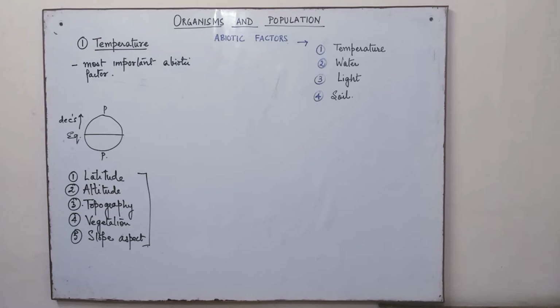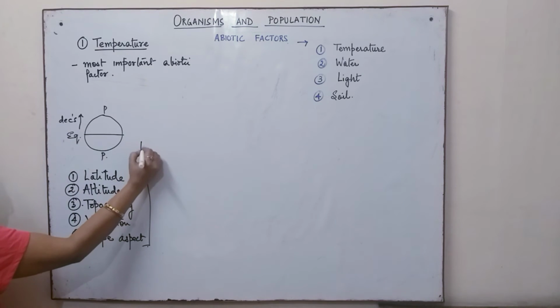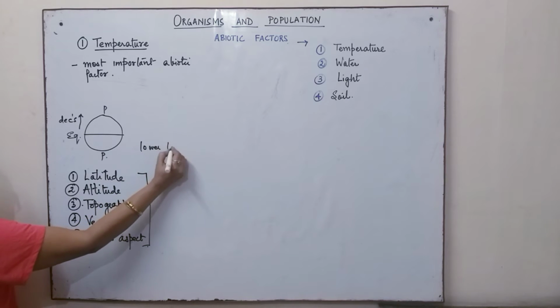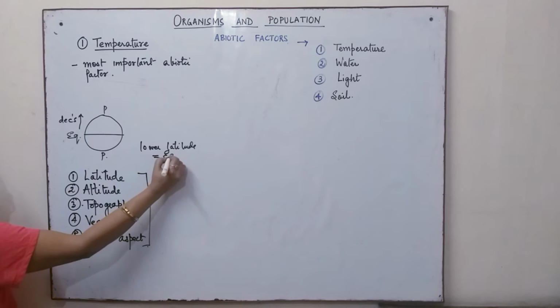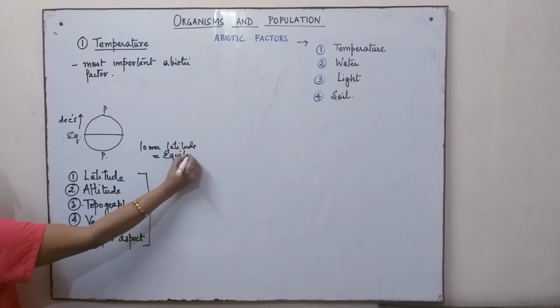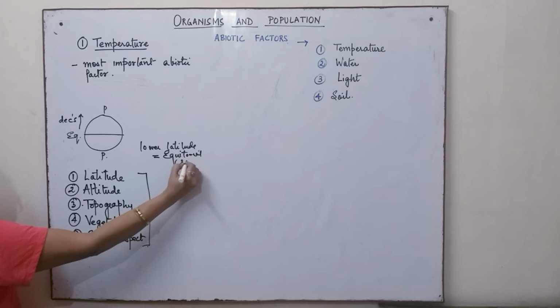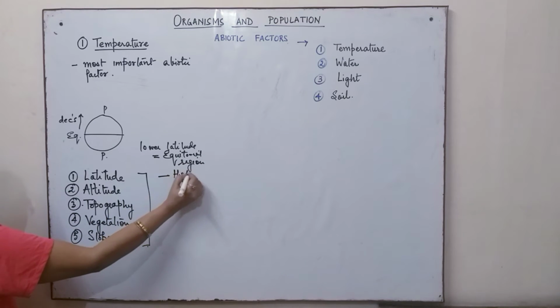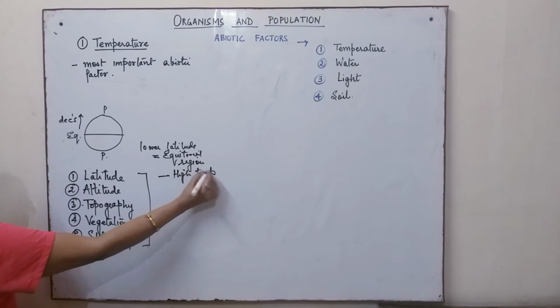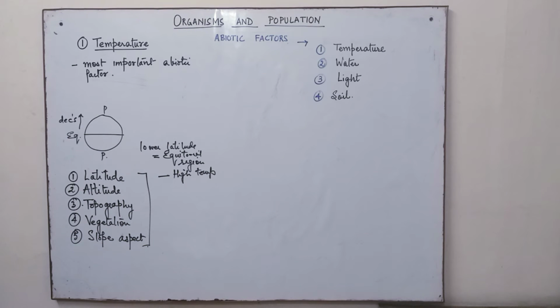Now, when we talk of latitude, the equatorial regions, that is the places with the lower latitude, have high temperature because they receive the direct sunlight from the sun.